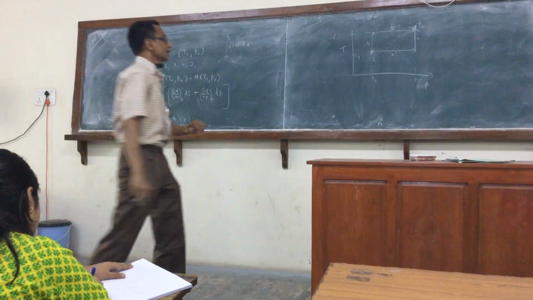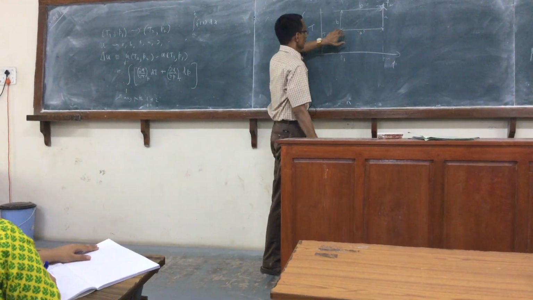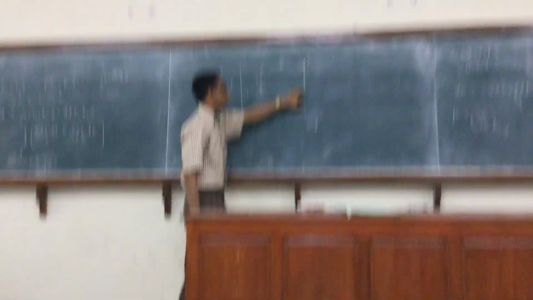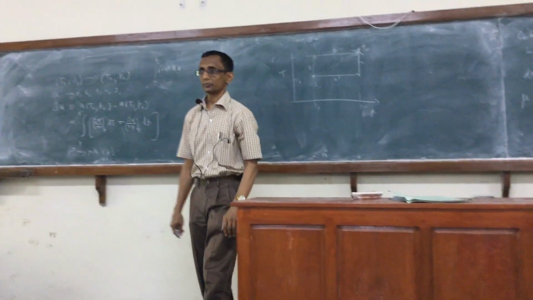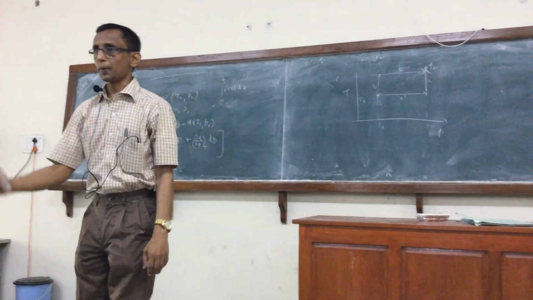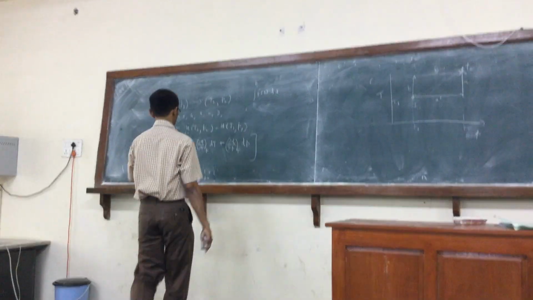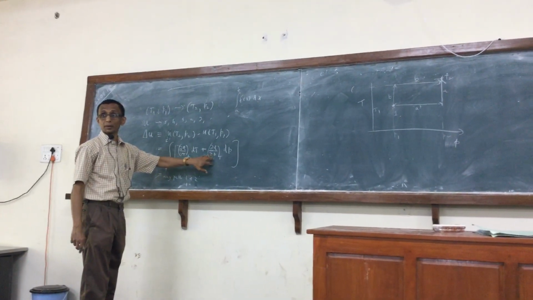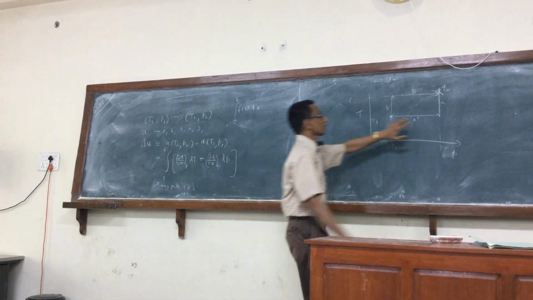Now you will see that if I take path A for instance, I am dividing it into two segments. You will see that in this segment there is a change only in pressure. So for that path, I have to consider really only the integral with respect to P. The temperature doesn't change, it is fixed at T1.